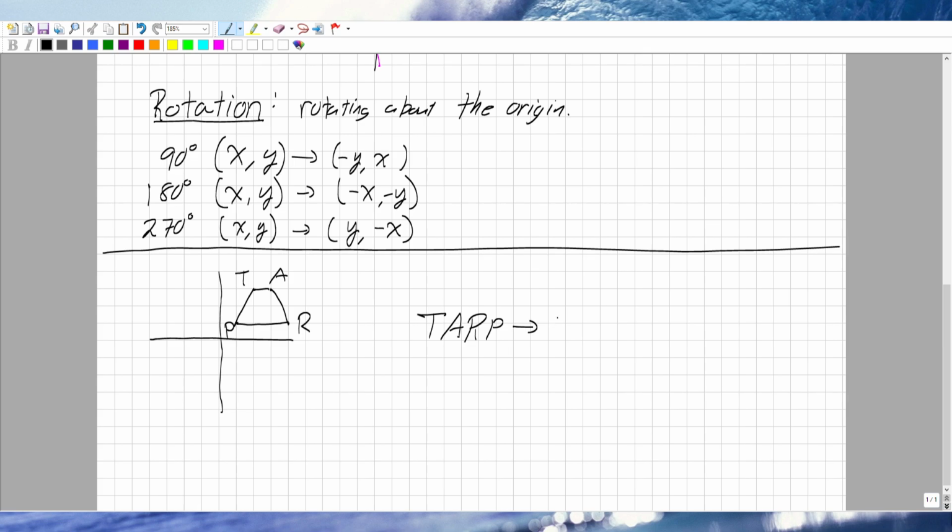And what I'm going to do is take this guy, and what I want you to do is rotate our TARP 180 degrees. Then after you've rotated it 180 degrees, I want you to translate it to the right 3 spaces and down 1 space.